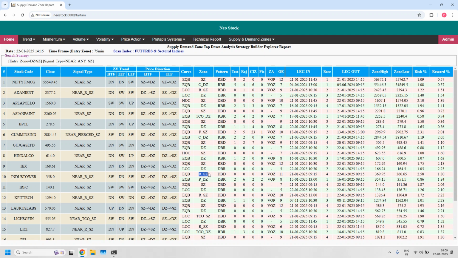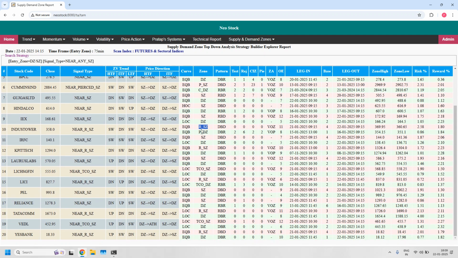Indus Tower is having a high liquidity zone. KPI Technologies, LIC, Tata Communication, and Yes Bank.